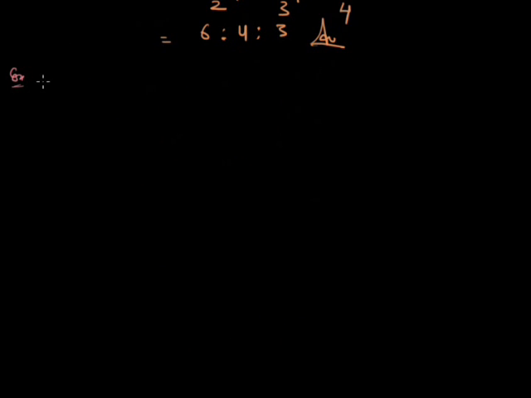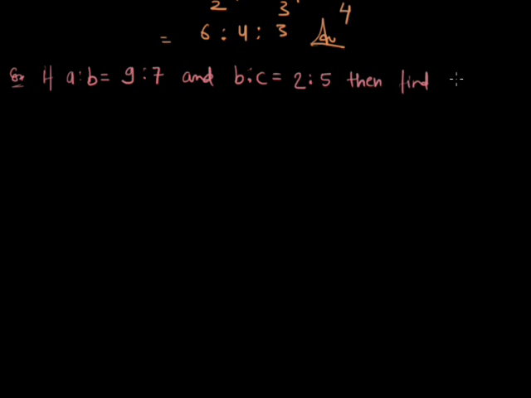If A is to B is 9 is to 7 and B is to C is equal to 2 is to 5, then we have to calculate A is to B is to C. Okay, so what is the method to solve it?